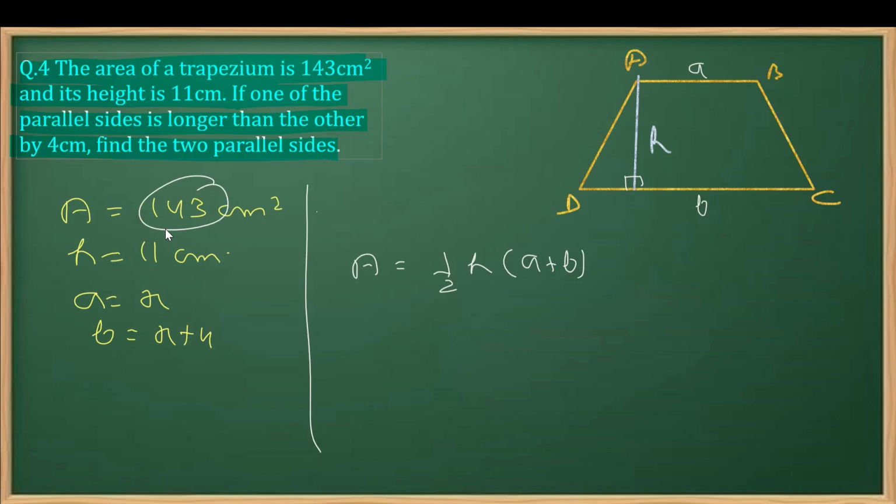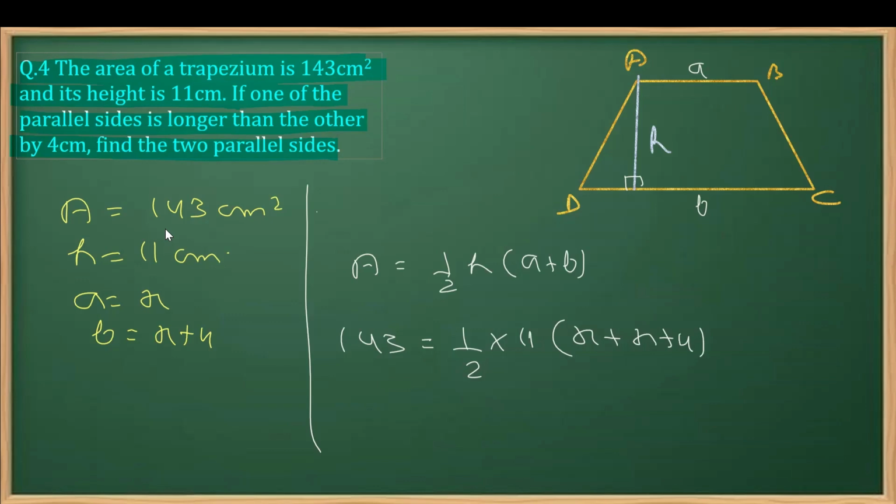Here capital A is the area, and that is equal to half multiplied by h. h is mentioned as 11 over here. And A plus B, well, A is this, B is this. So you may write A as x and B as x plus 4.